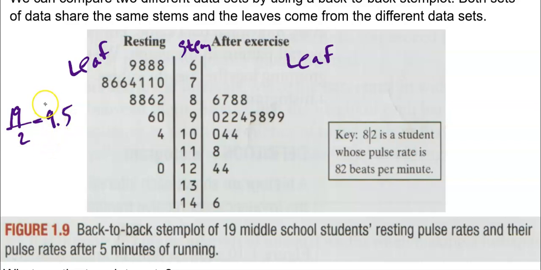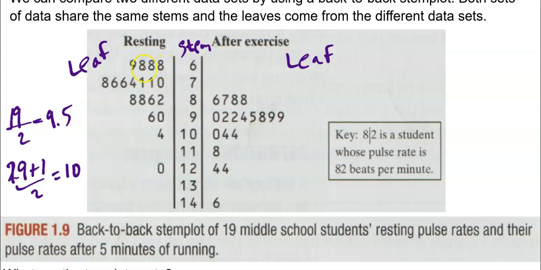I need 9 items on each side of the median. Another way to do this is to take 19 plus 1, divide that by 2, so that would be 10. The 10th item is my median.